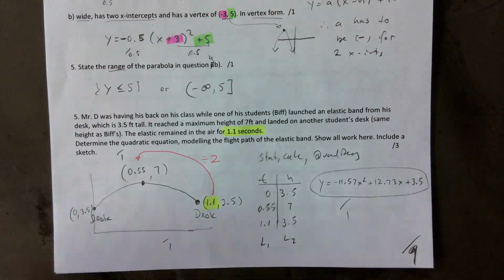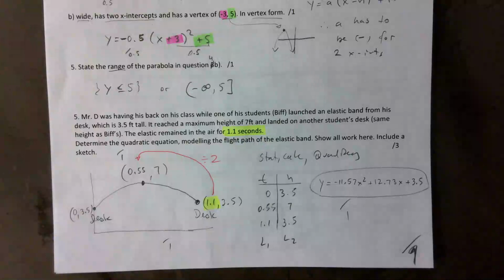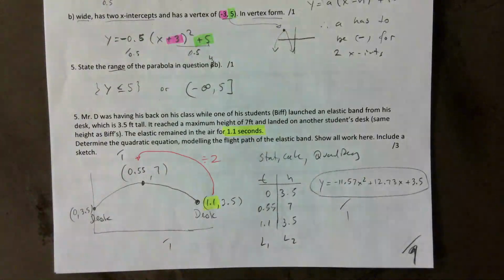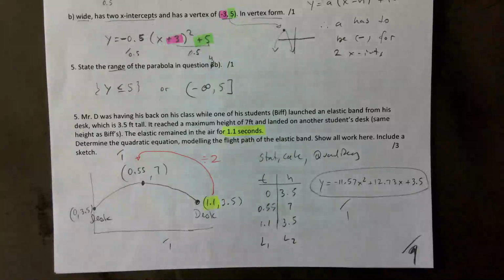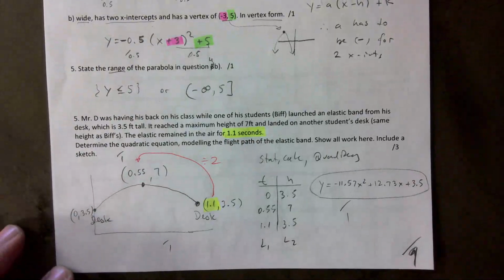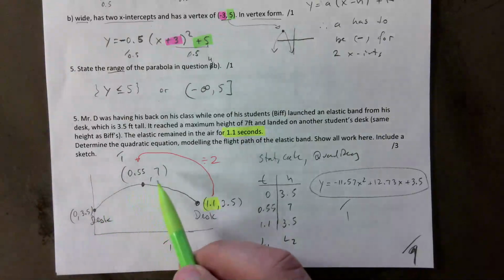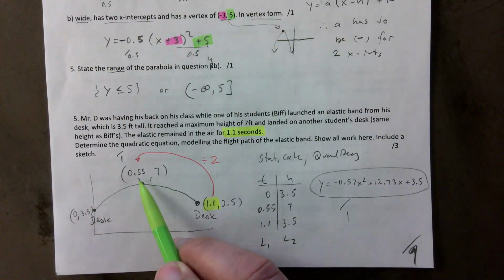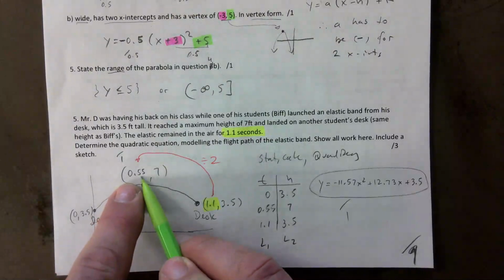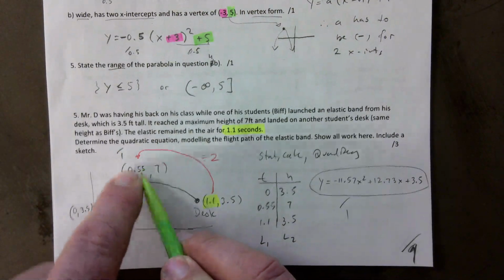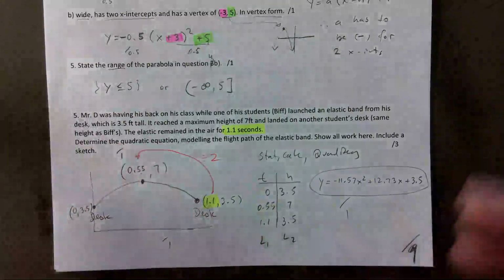So overall, you knew what you were doing for the most part. You just have to be reading carefully. If I had said reaches a maximum height of 7 after 1.1 seconds, then you know this is 1.1, and you multiply it by 2 to get this. But it didn't say that in this case.